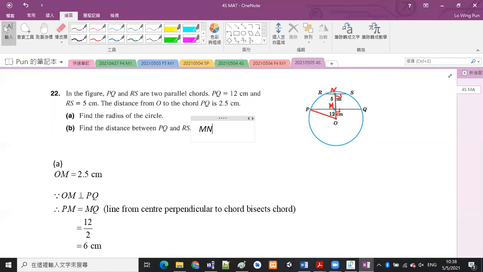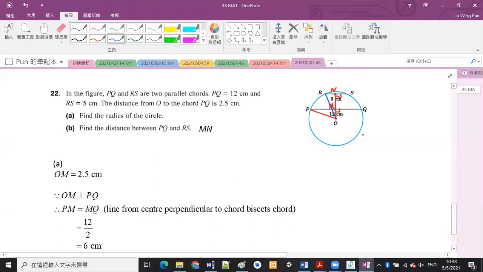But how can we find ON? We can also join OR. See that triangle ORN is also a right angle triangle.